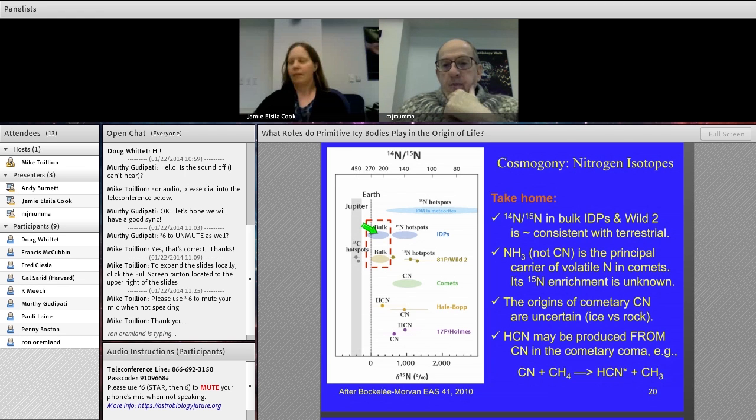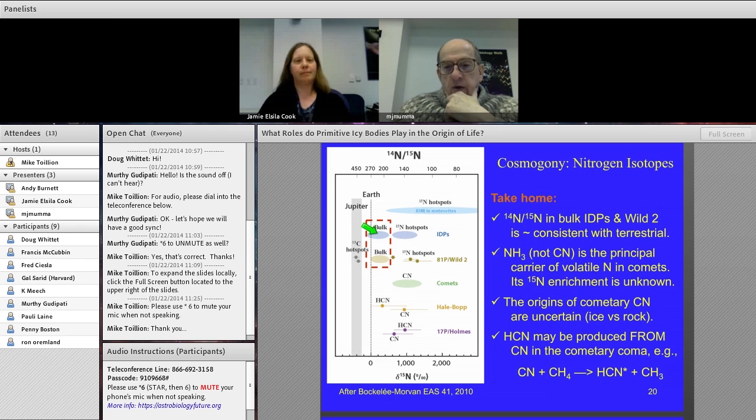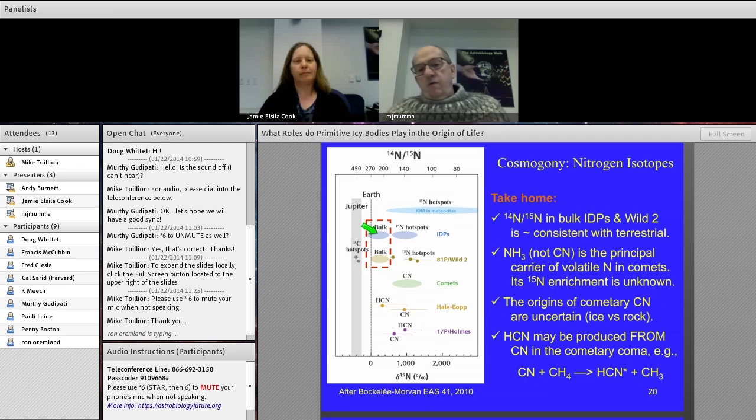The other point to keep in mind is that in comets, ammonia is the principal carrier of volatile nitrogen. And we have no idea what its 15N enrichment may be in comets, so we really don't even know how to compare the dominant carrier of volatile nitrogen in comets with the atmospheric value on the Earth.